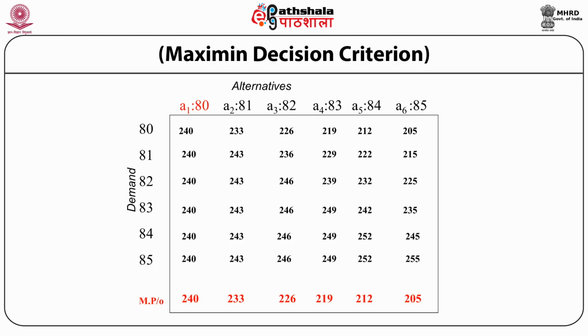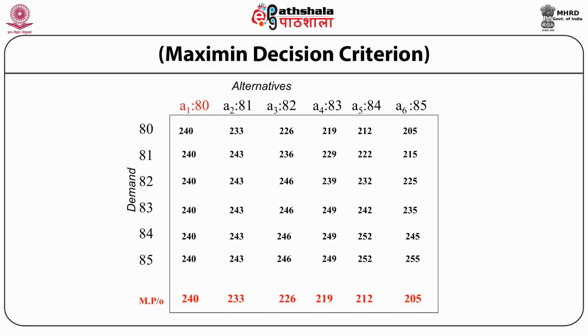For strategy A2, the minimum payoff is rupees 233. For strategy A3, the minimum payoff is rupees 226. For strategy A4, rupees 219. For strategy A5, rupees 212. And lastly, for strategy A6, the minimum payoff is rupees 205.